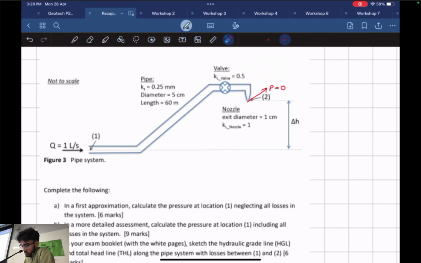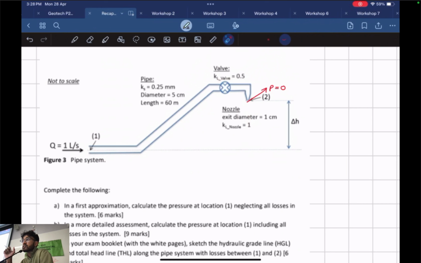Alright. So will our velocity be higher at point 1 or point 2? The flow stays the same. Exactly, perfect. So because it's the smaller diameter at point 2, our velocity is going to be higher.